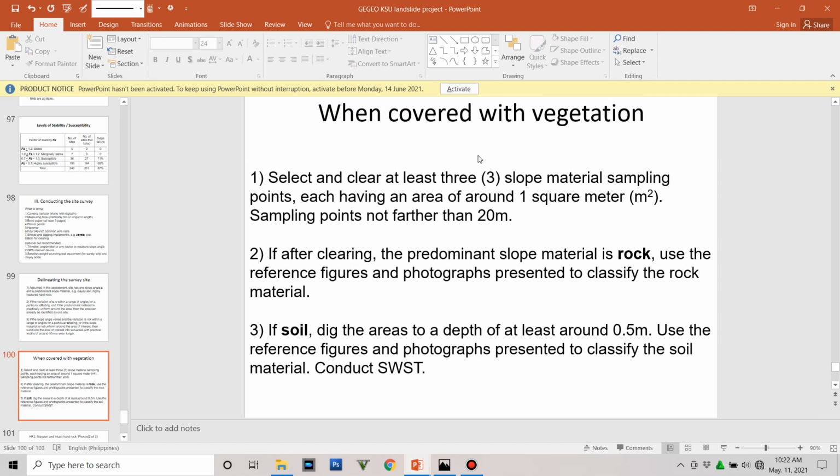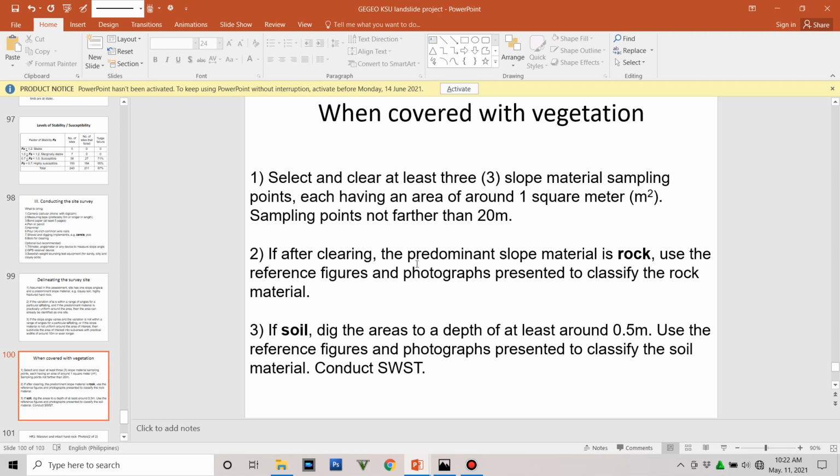So when your slope is covered with vegetation, select and clear at least 3 slope material sampling points, each having an area of around 1 square meter, and with sampling points not farther than 20 meters.